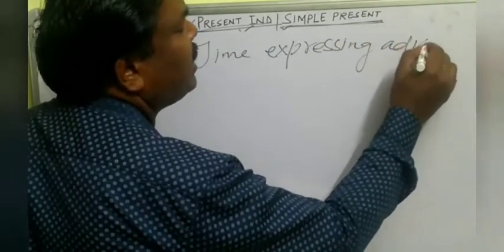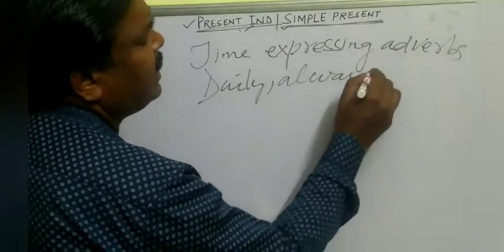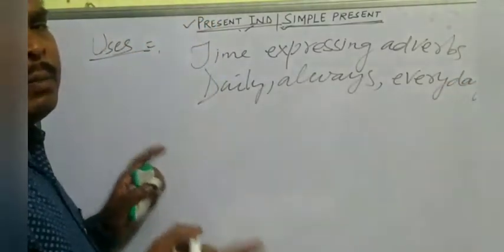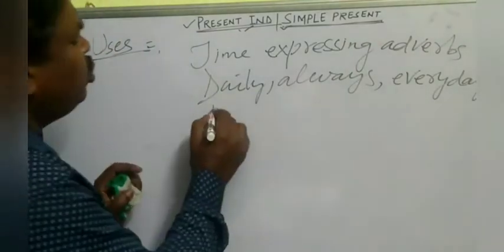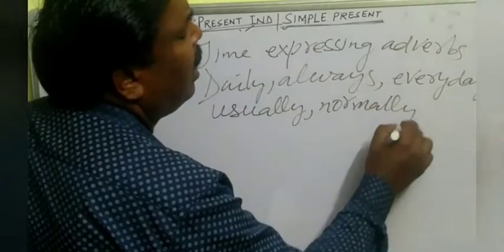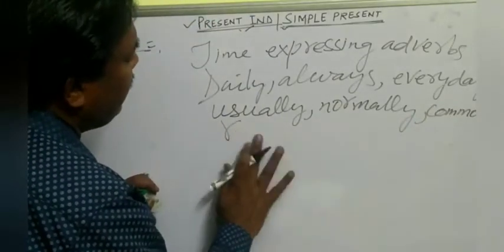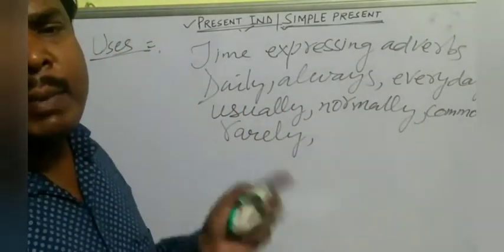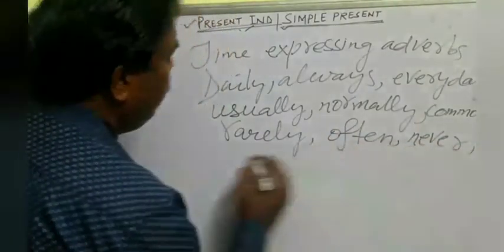Time expressing adverbs like always, every day, every morning, every month, every year, once a year, once a month, twice a year, twice a month, usually, normally, commonly, rarely, regularly, sometimes, often, never, seldom.